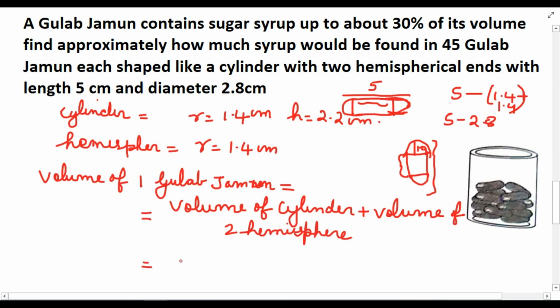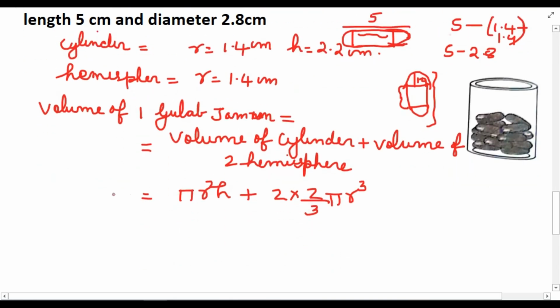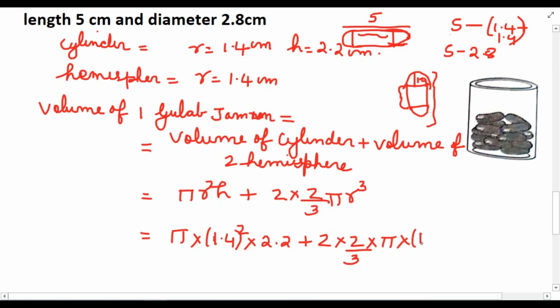Volume of the cylinder, we know, is pi r square h, and volume of 2 hemispheres is 2 into 2 by 3 pi r cube. Then we need to substitute the value. So it is pi into r square, which is 1.4 the whole square, h is 2.2, plus 2 into 2 by 3 into pi into r cube, for the hemisphere, 1.4 the whole cube.